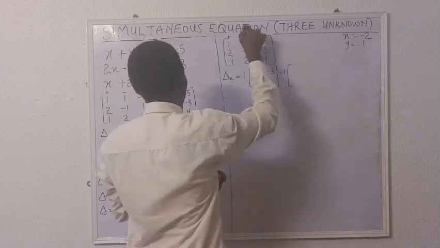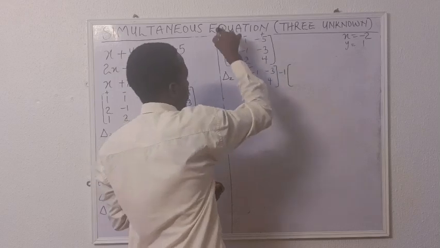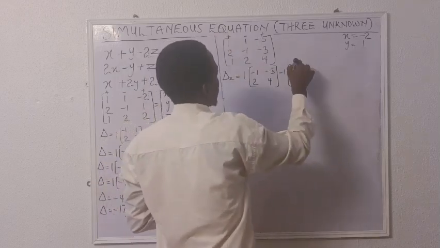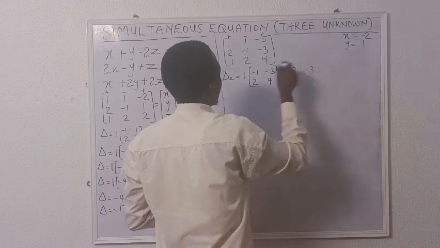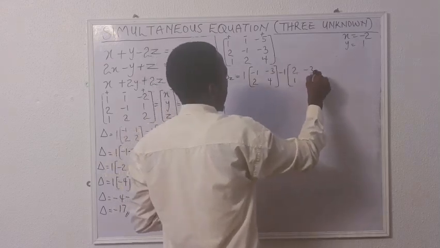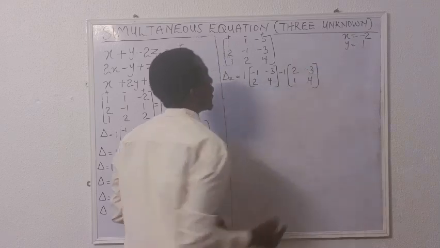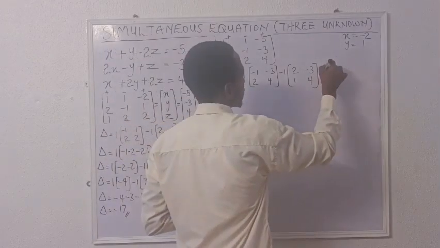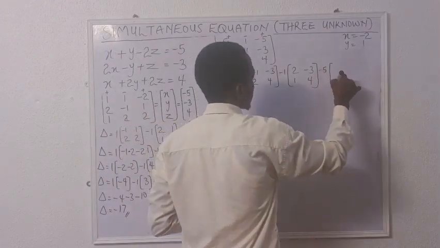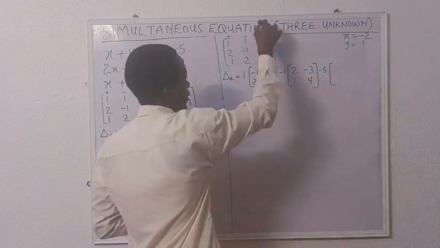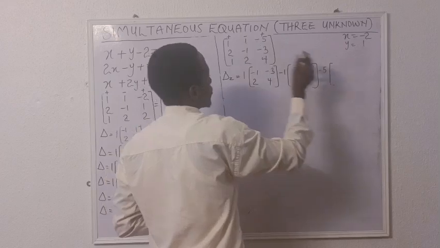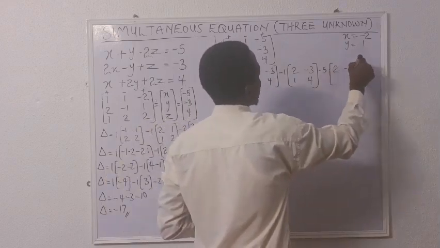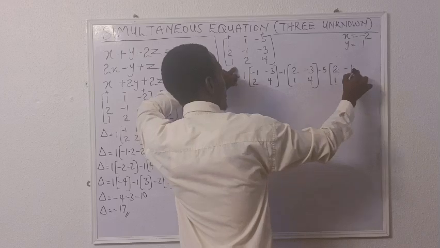Striking out its row and column, I'm left with 2, minus 3, 1 and 4. And the last one, plus minus 5, is going to give me minus 5. Striking out its column and its row, I'm left with 2, minus 1, 1 and 2.